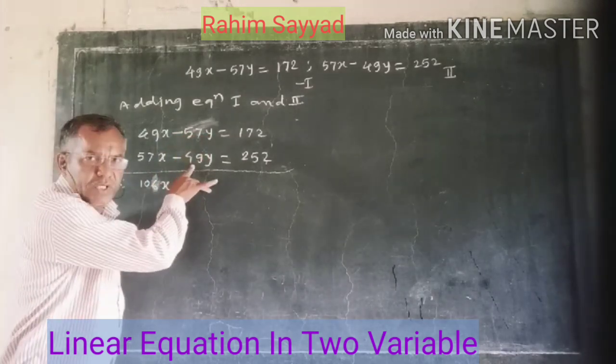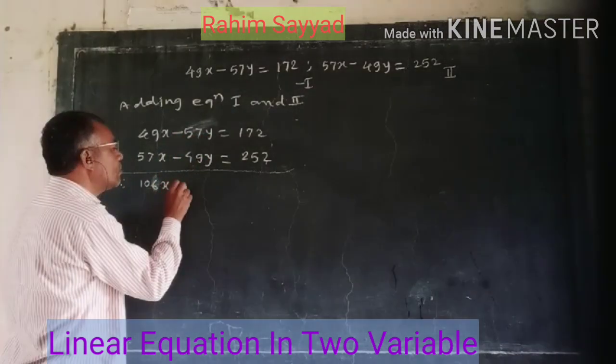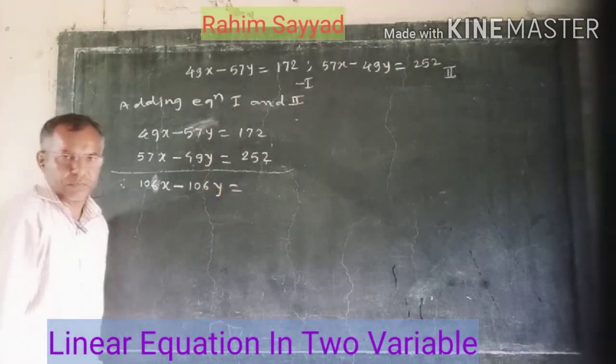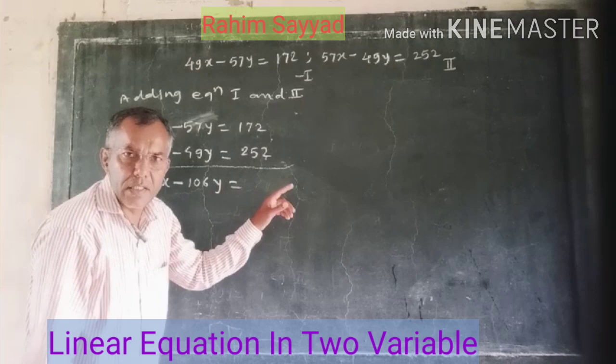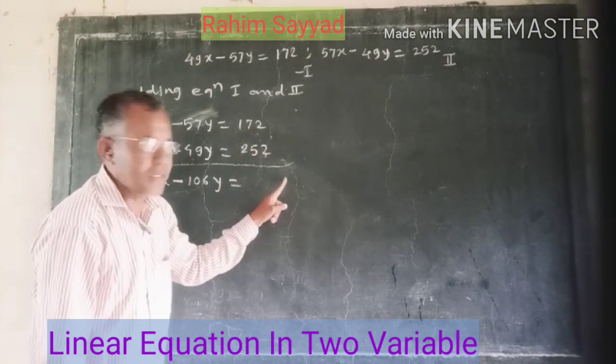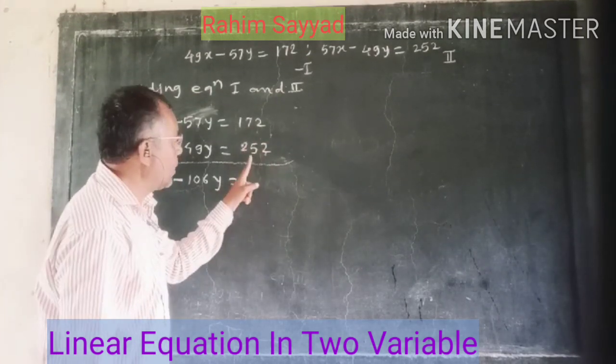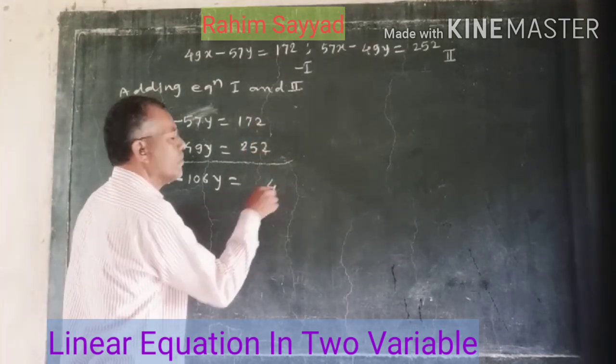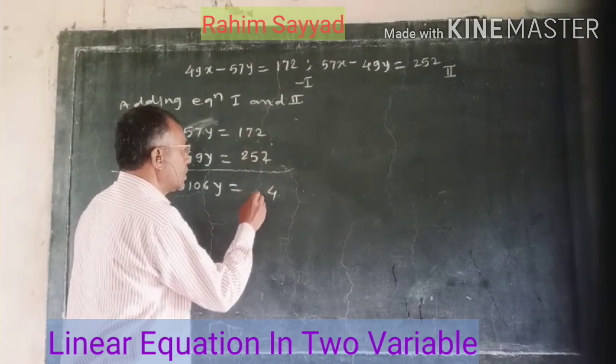And minus 57y and minus 49y is equal to minus 106y. Now boys and girls, add these two parts, that is 172 and 252. 2 plus 2 is 4, 7 plus 5 is 12.